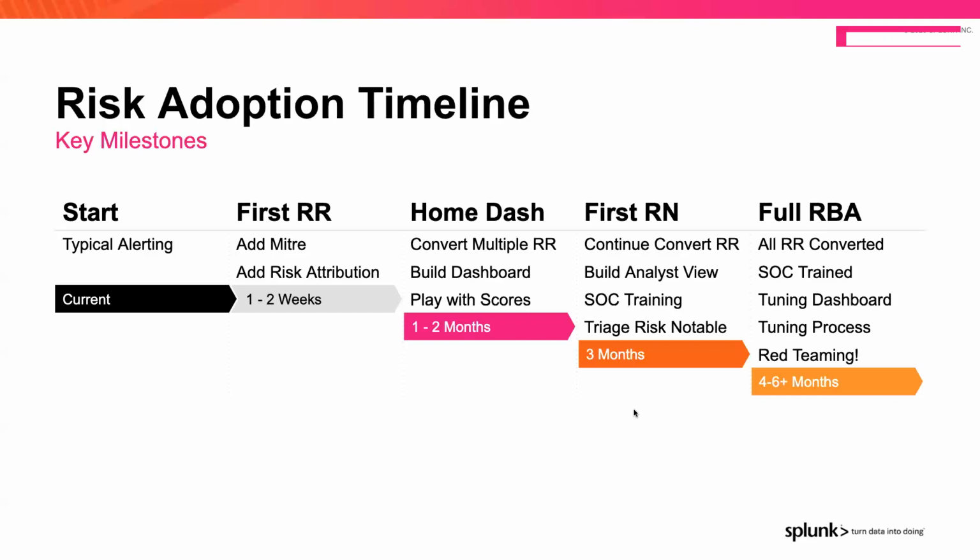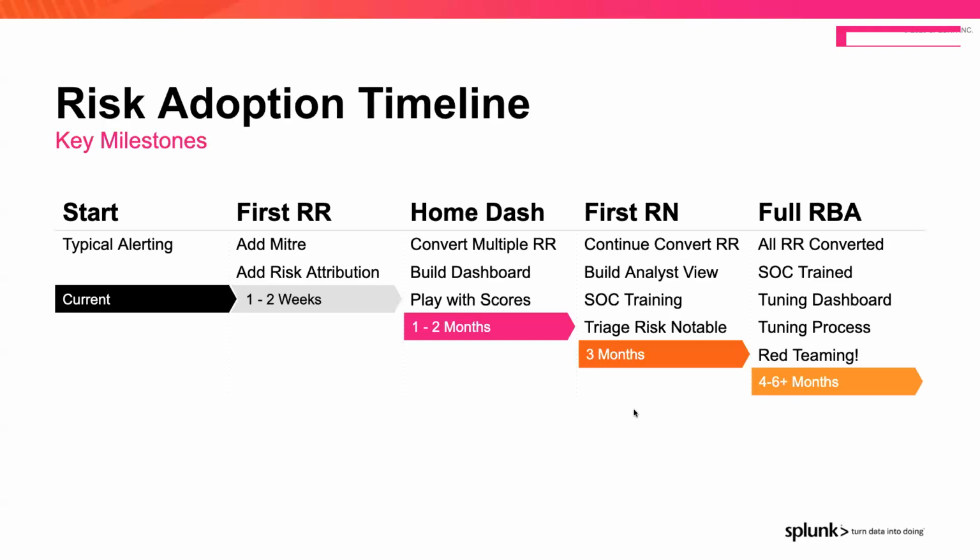And then after 6 months or so, you run full RBA, which means you've got all your existing correlation searches, which if you have a bunch already, this might take you longer. At Children's Mercy, we didn't have that many at the beginning, so this was quicker. You've got your SOC trained, and you've got a tuning dashboard, tuning process set up.